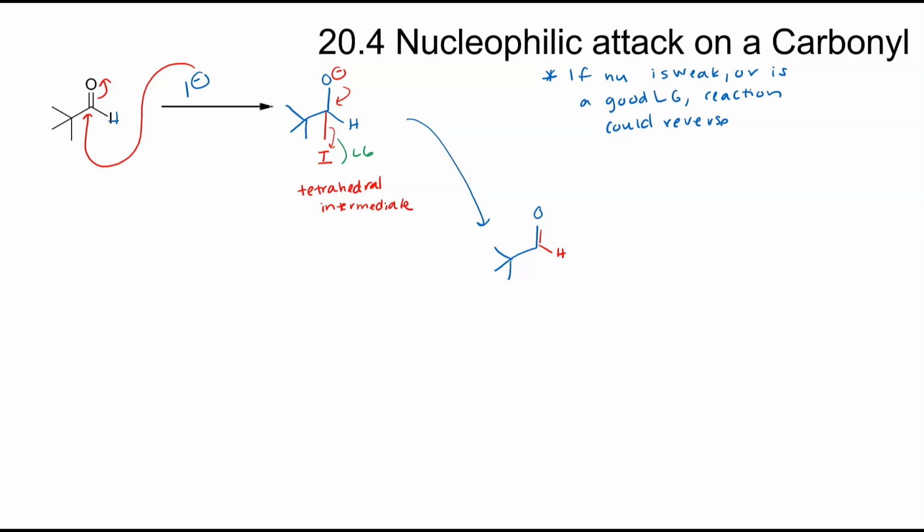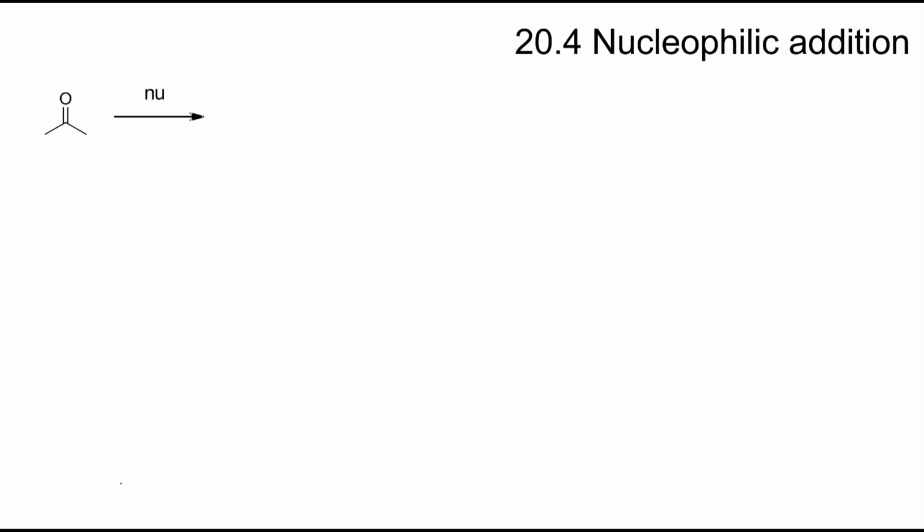So we just get the aldehyde back. If you have a strong enough nucleophile and it's not a good leaving group, you will get the full addition.